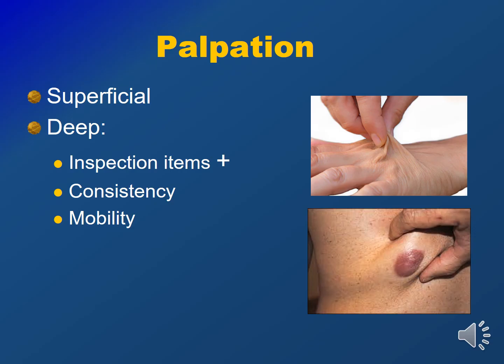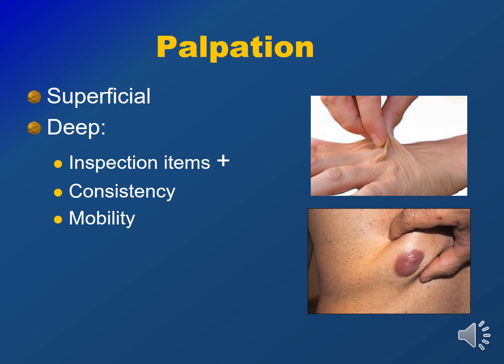The last point of mobility is the mobility of a swelling within the tissue it arises from. For example, a breast lump. Does this swelling move within the breast tissue? If it's freely mobile, usually it's something like a fibroadenoma. If, on the other hand, it is fixed to the breast tissue, it raises suspicion of malignancy. So mobility again is three parts.